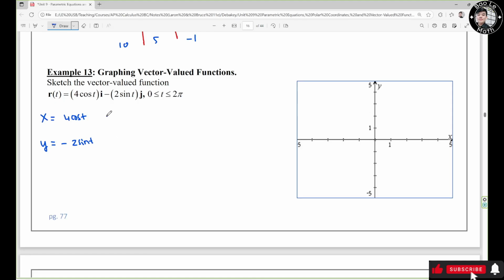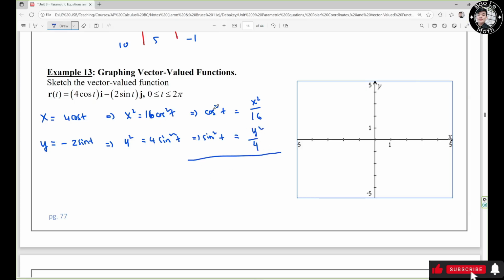Now go ahead and square both sides, so I have s squared equals 16 cosine squared of t. Now you need to isolate cosine squared of t, so cosine squared of t equals s squared over 16. This one, you square both sides, so y squared equals 4 sine squared of t, so sine squared of t equals y squared over 4.